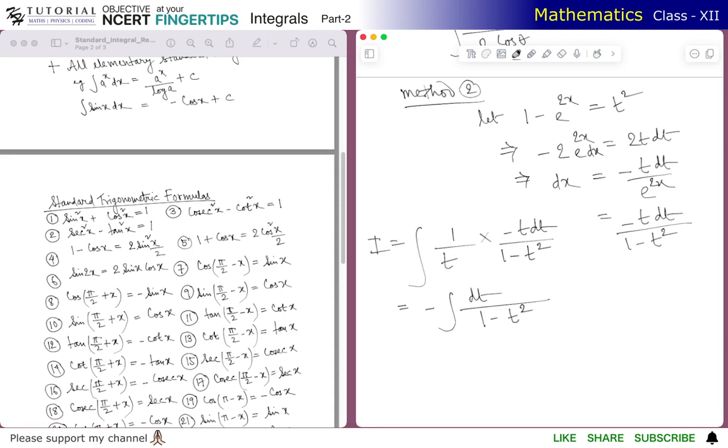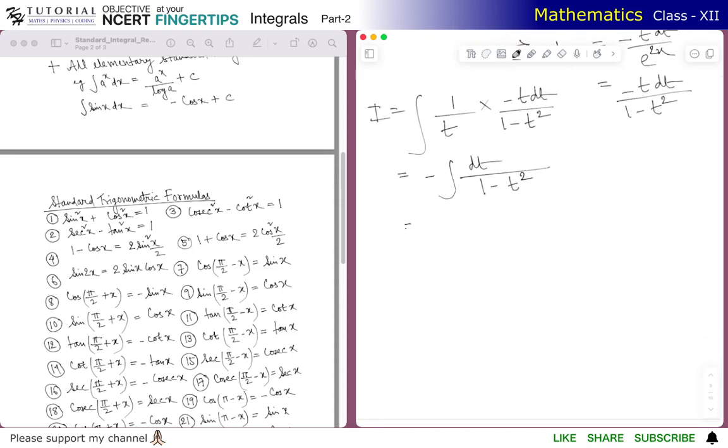What can we do next? Will it help if we factorize 1 minus t square as 1 minus t into 1 plus t? In the numerator we write in terms of 1 minus t and 1 plus t: 1 minus t plus 1 plus t, and we will get 2, so we divide by 2.